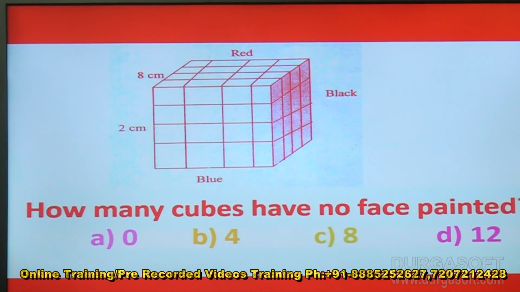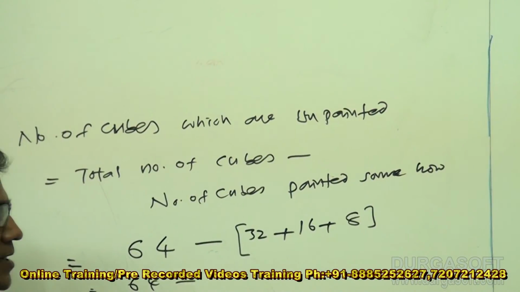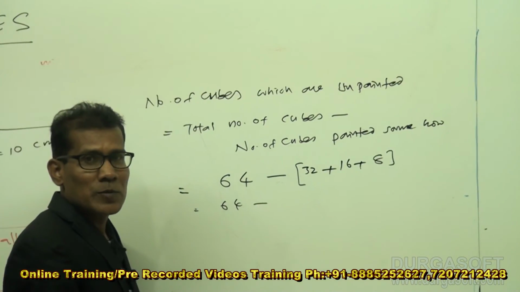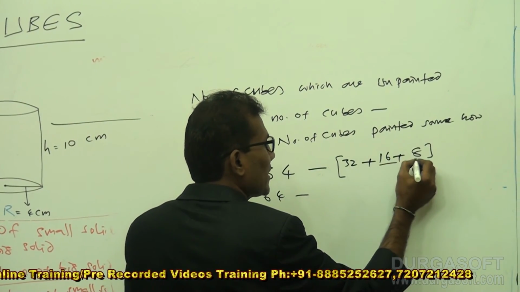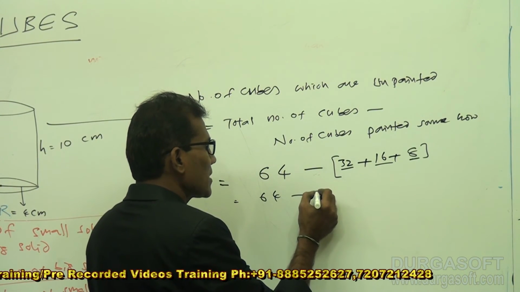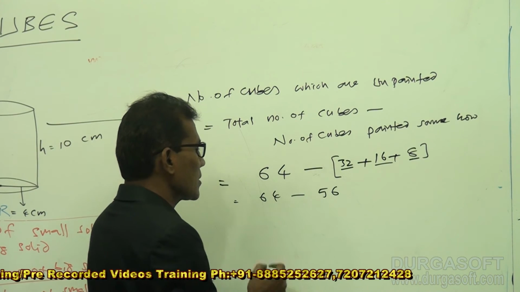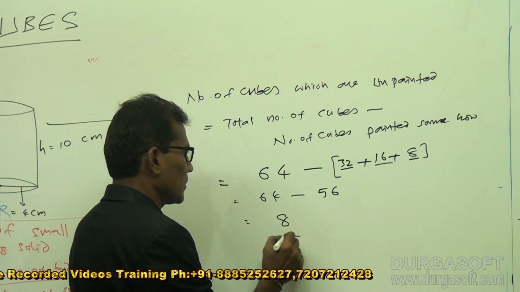So plus 8. Now this is going to be 64 minus all the cubes which are painted somehow. It is 16 plus 8, 24, plus 32, it is 56. So 64 minus 56, it is going to be 8.